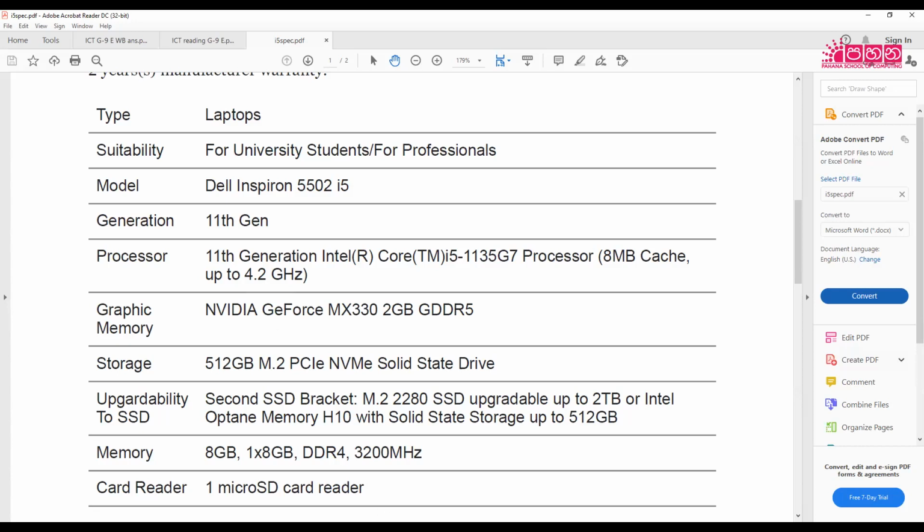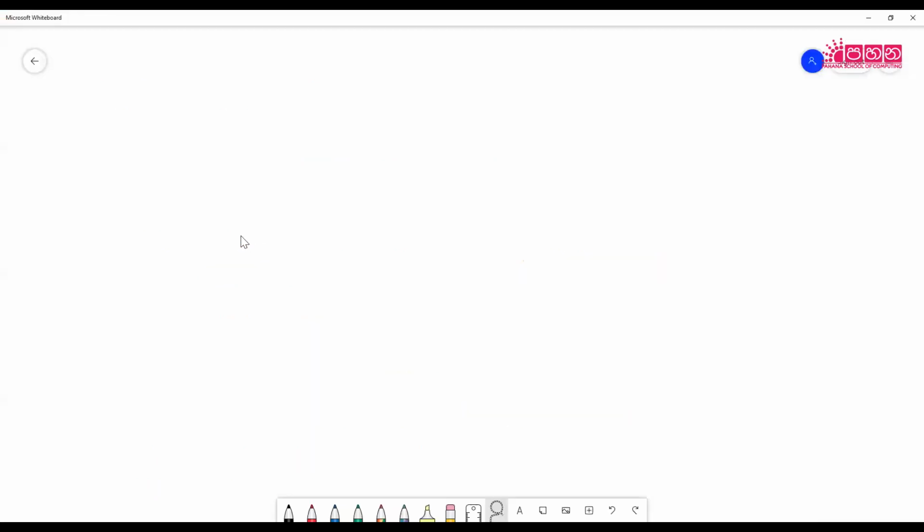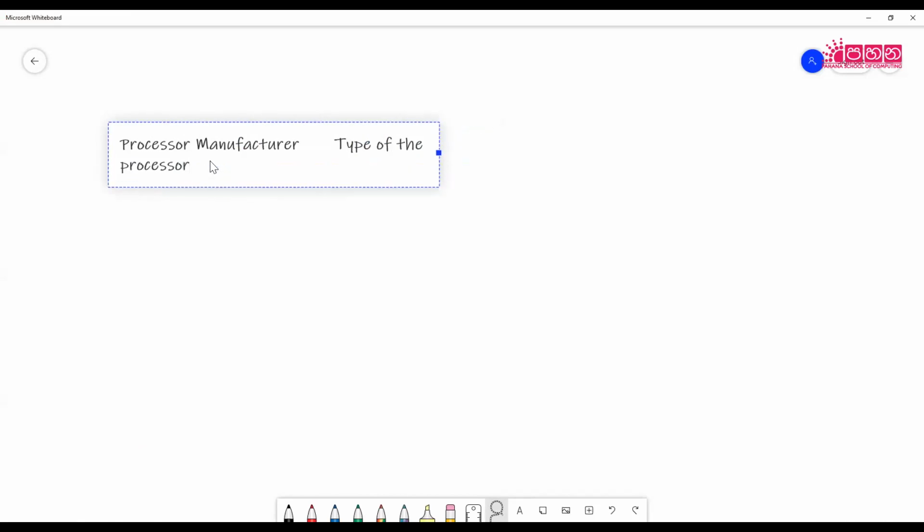So let's take down the answers. The things we are going to type are processor manufacturer, then type of the processor, and then speed.